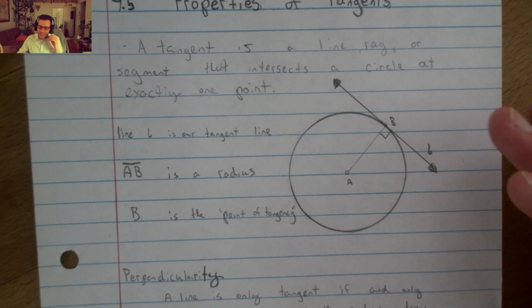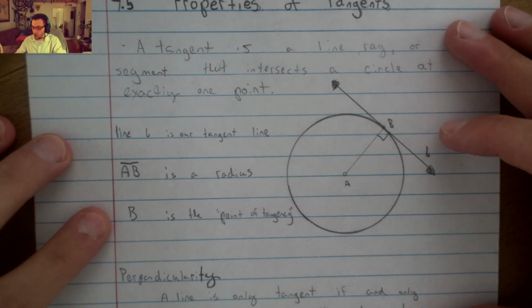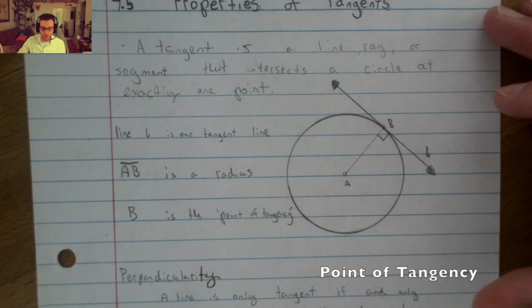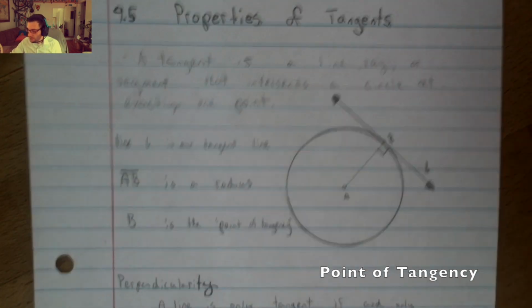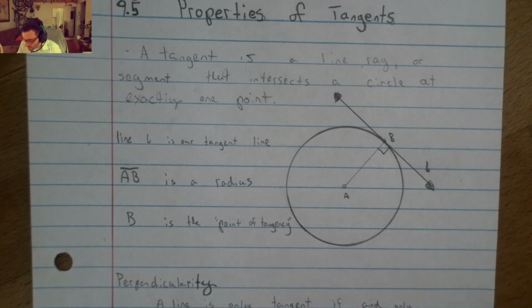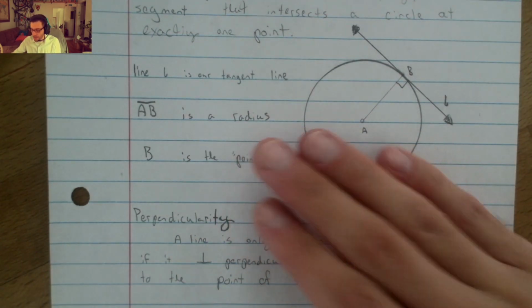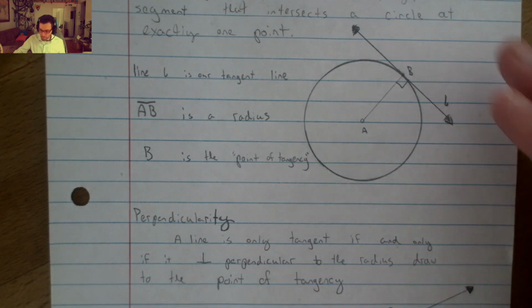The point where they contact, a term we've spoken about briefly, is called your point of tangency, or tangency, if you want to be fancy. When these lines and segments make contact, we have something listed here as perpendicularity.